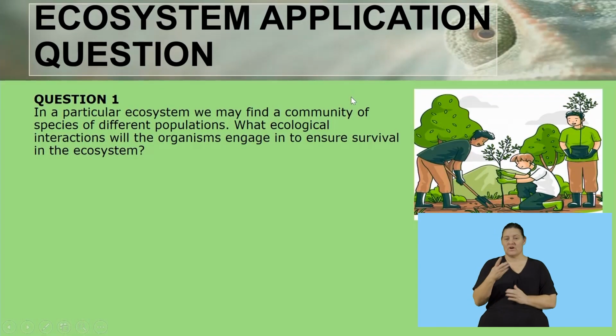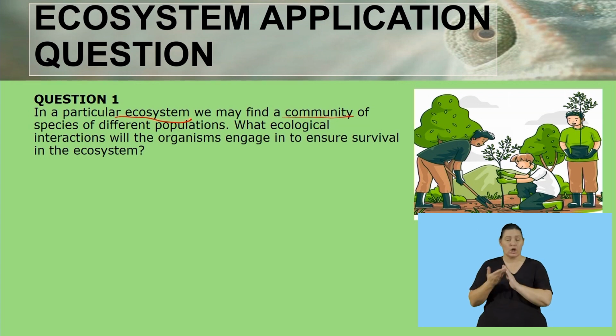So the first application question that we have here is: in a particular ecosystem where we find a community of species of different populations, what ecological interactions will the organisms engage in to ensure survival in the ecosystem? So here we have a scenario where they say that in a particular ecosystem, we find a community.